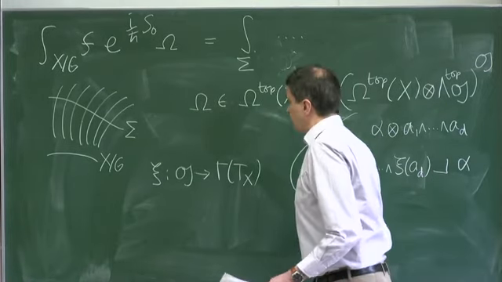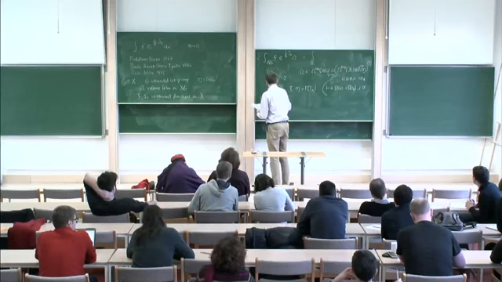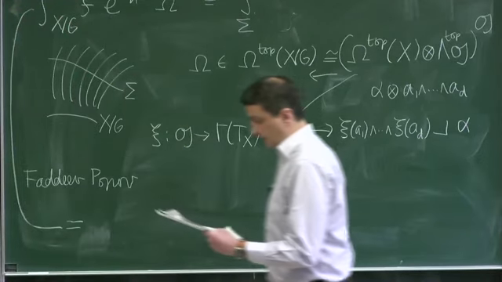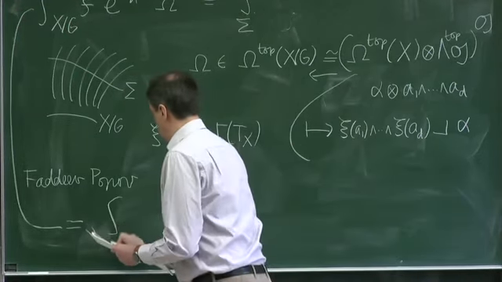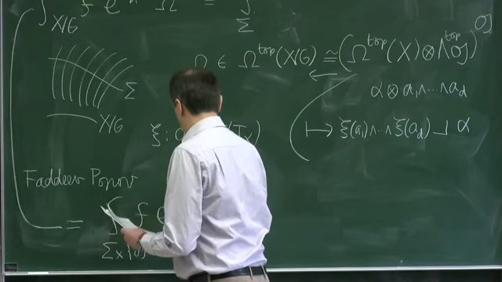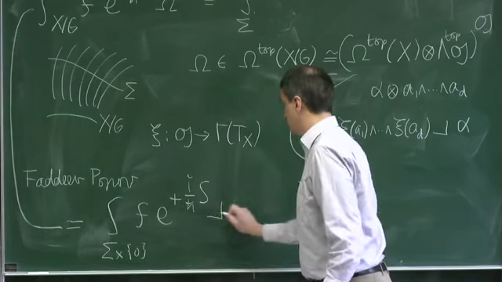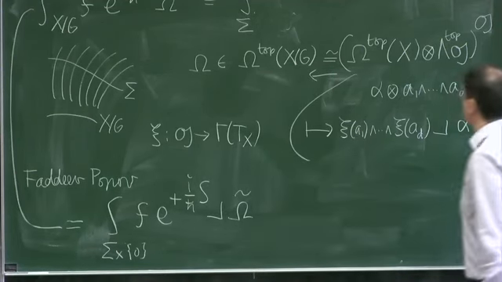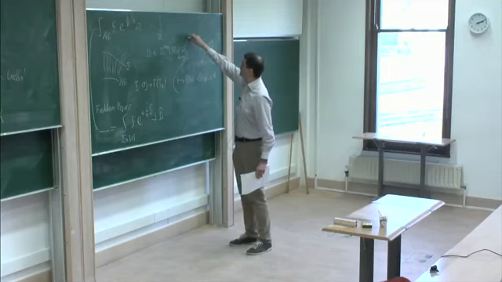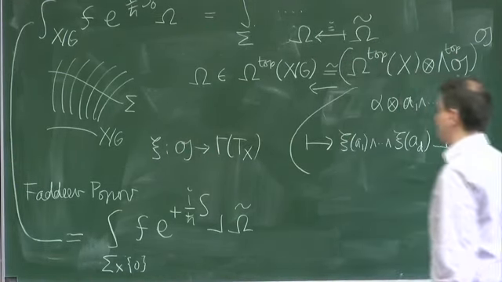And now the Felder-Popov formula says that this integral here is equal to the integral over sigma cross 0 of f exponential of minus 1 over I plus I s. So let's say that the image of omega is omega tilde by this isomorphism.